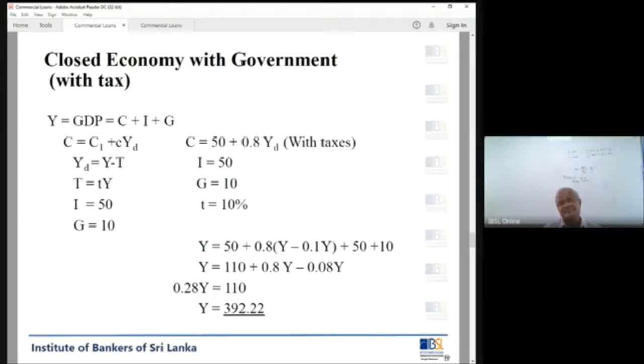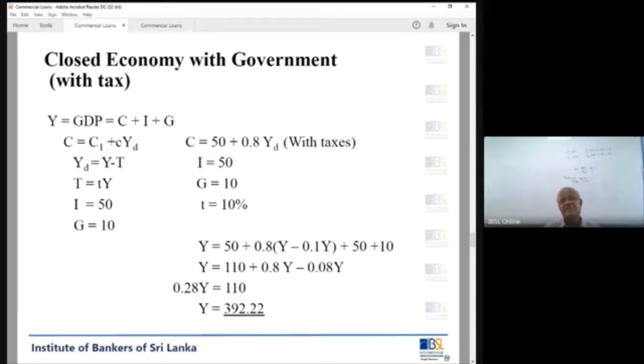If there's a tax, C equals c times YD, YD equals Y minus T, T equals tY, I is 50, G is 10. How do you calculate YD? YD is Y minus T. What is T? T is tY, 0.1Y.